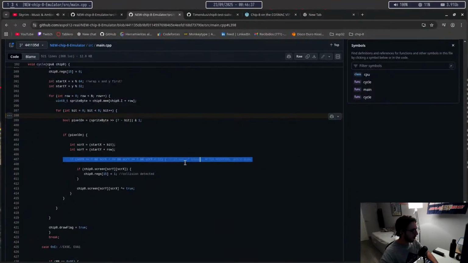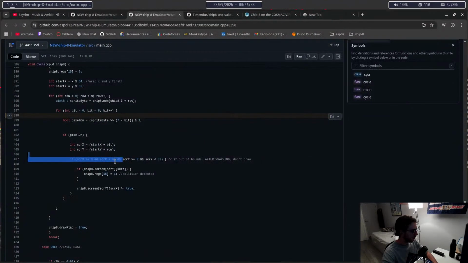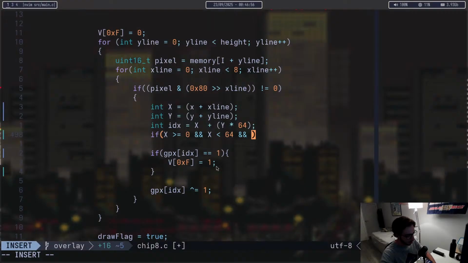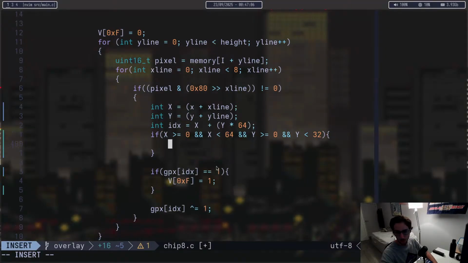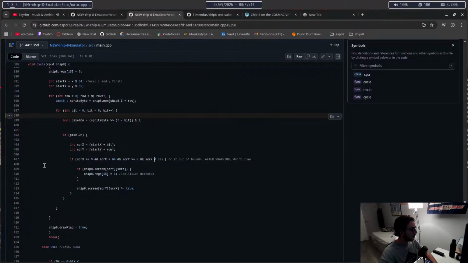So this is if the coordinates are within bounds, right? Yeah, so that it's greater than or equal to 0 and then less than 64. X is smaller than 64. And y is greater or equal to 0 and y is less than 32. I think I wrote my comment backwards and in the first time, the bounds. Okay. Yeah, that's why I was confused there.